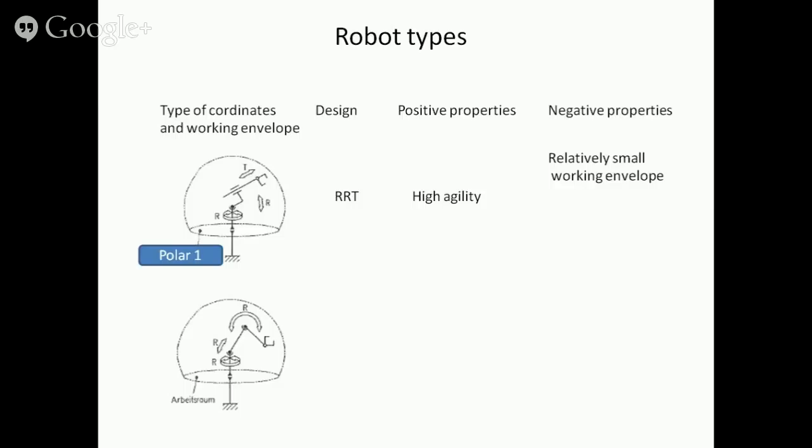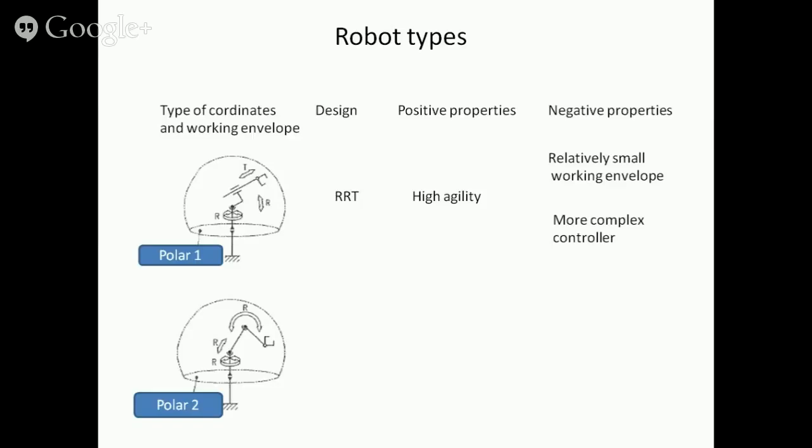It's a bit limited. And a more complex, that means also more expensive controller. Remember the first robot, which was constructed in 1954? The Unimate is of this type.